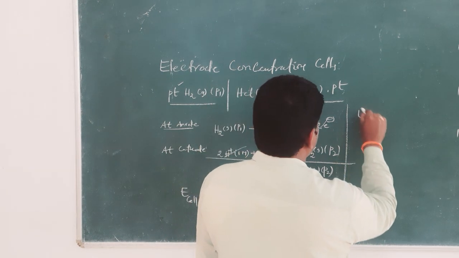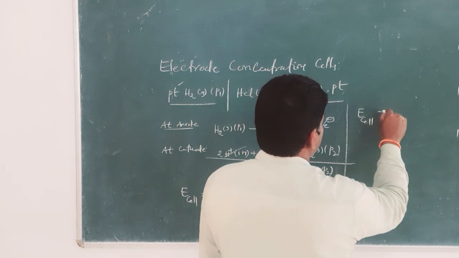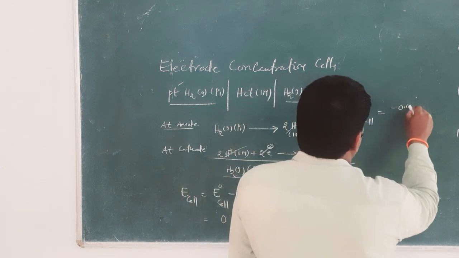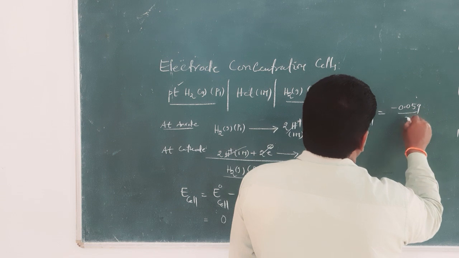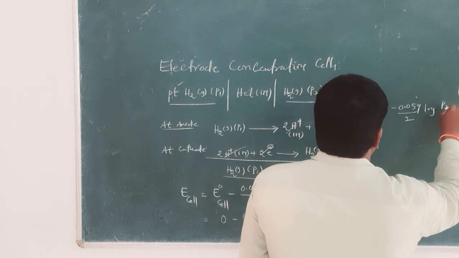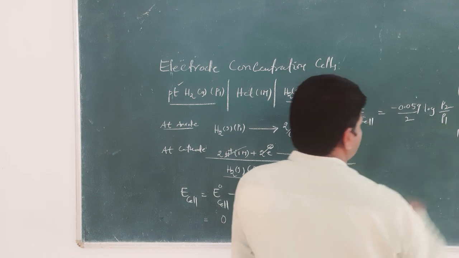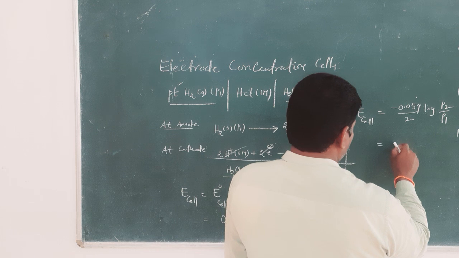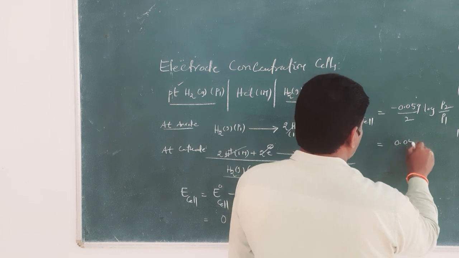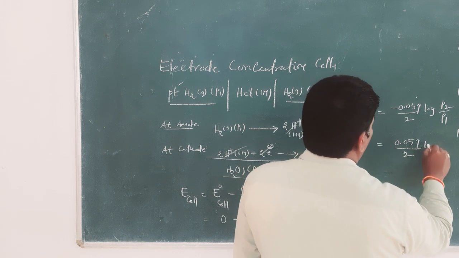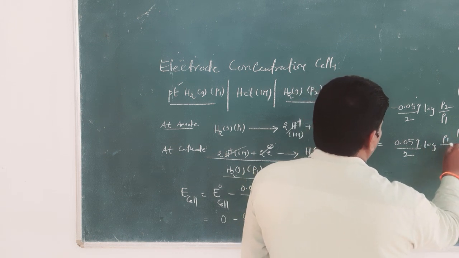This becomes minus 0.059 by 2 log P2 by P1, and we can write this as 0.059 by 2 log P1 by P2.